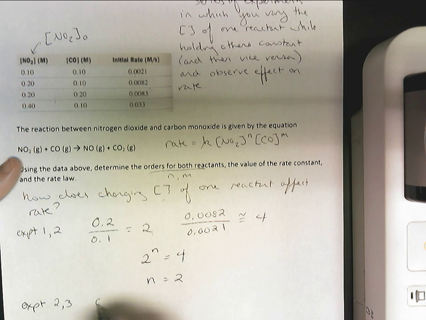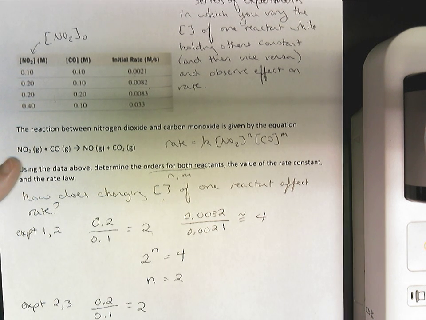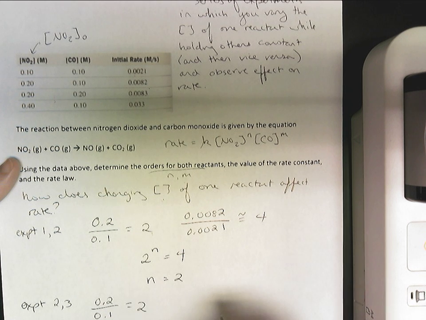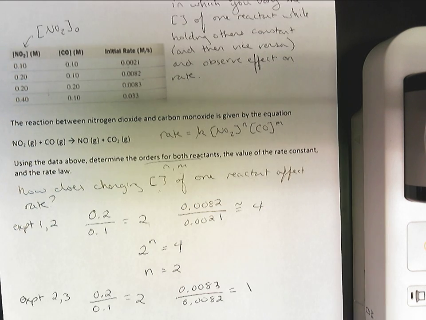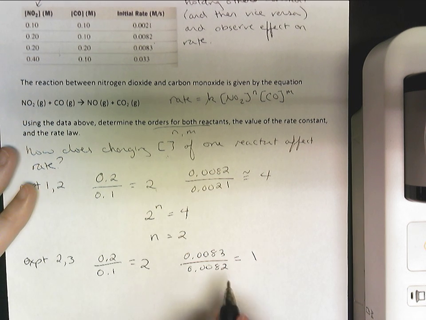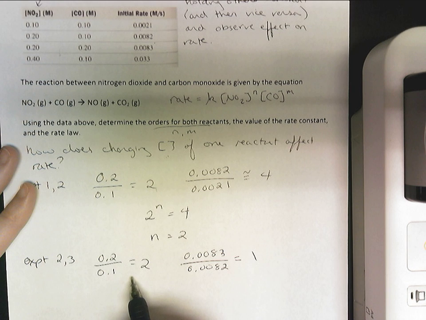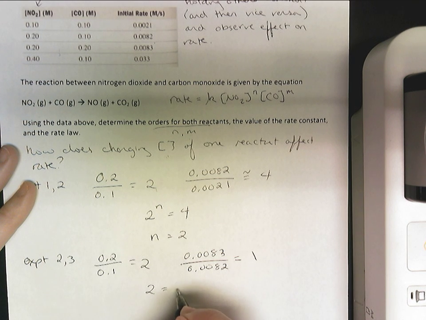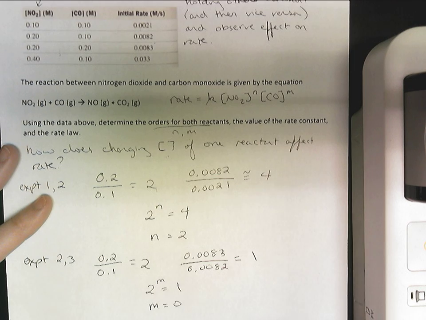And I see that when I double the concentration of carbon monoxide holding nitrogen dioxide steady, I see that there's no dependence of the rate on the concentration of carbon monoxide. That means m equals 0.